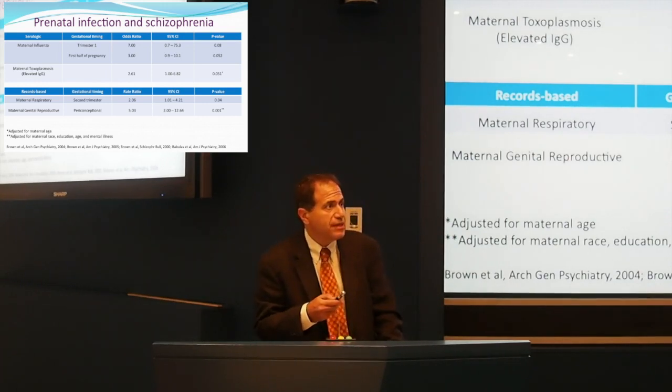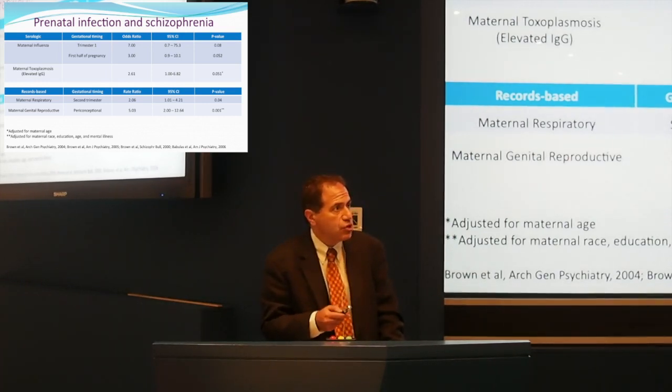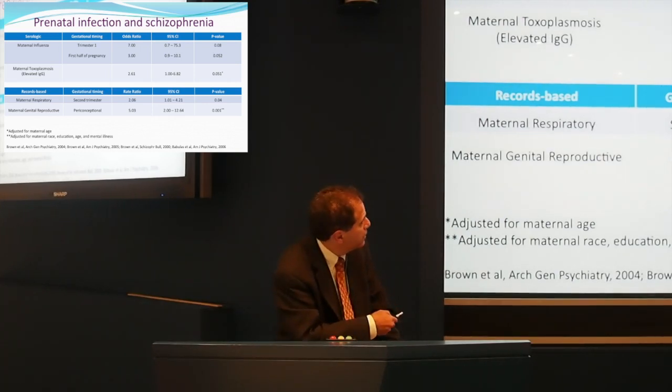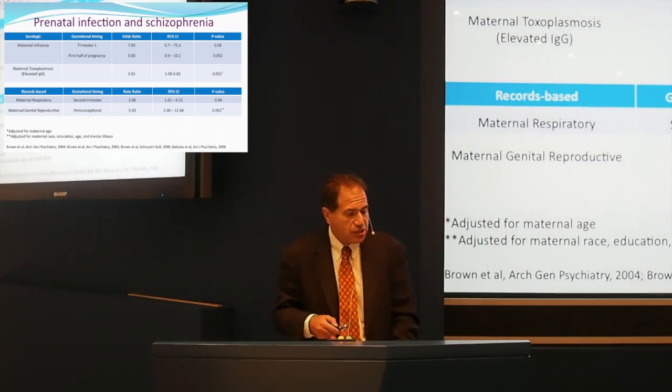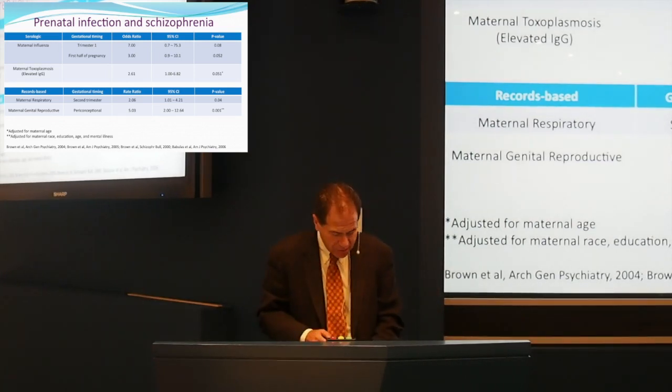These were both determined based on antibody assays of maternal serum drawn during pregnancy, in individuals who were followed up 20 to 30 to 40 years later for schizophrenia. It's not easy to do that. It took a long time. Records-based studies using physician records have also demonstrated associations of other maternal infections and schizophrenia.